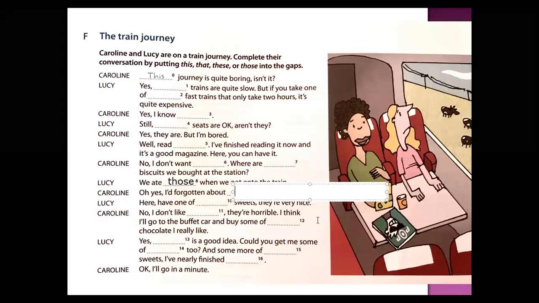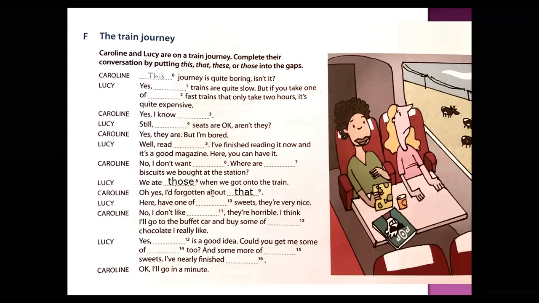That, the action of the eating. I've forgotten about that. No, we're not talking about the biscuits. We're talking about the action of eating we have done. So here, have one of these or those.